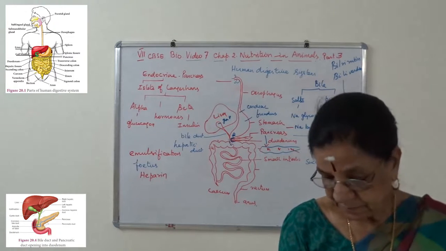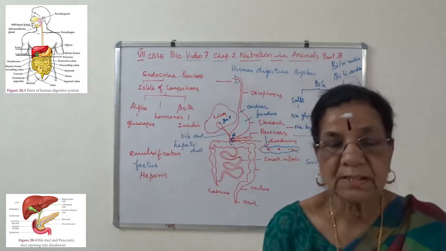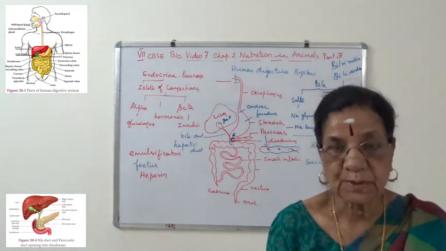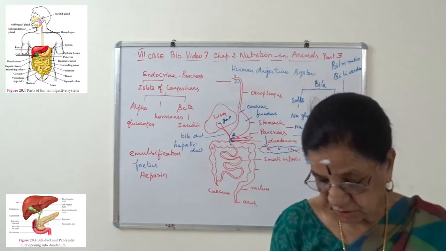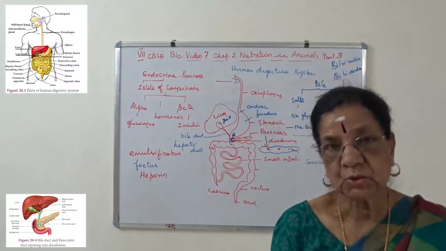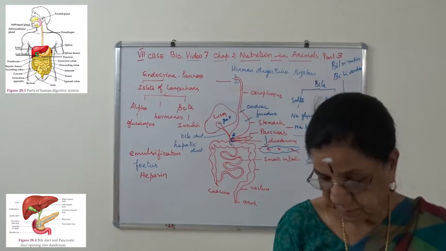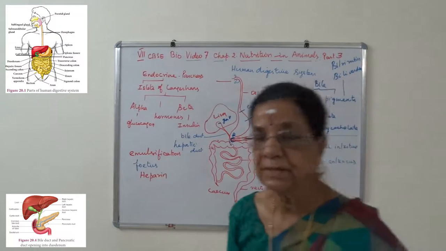It starts from the duodenum and ends with the ileum. The ileum is the small intestine proper. The secretion of the small intestine is intestinal juice, and it secretes the enzymes sucrase, lactase, maltase and lipase.